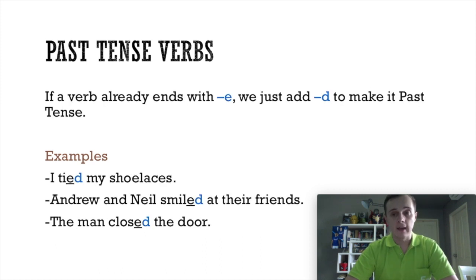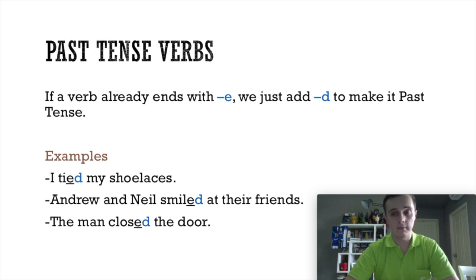Now, in the past tense, if a verb already ends with the letter e, you don't add ed to make it past tense. You just add the letter d. So look at the examples. I tied my shoelaces. The verb tie already ends with an e, so we just add d to make it past tense.